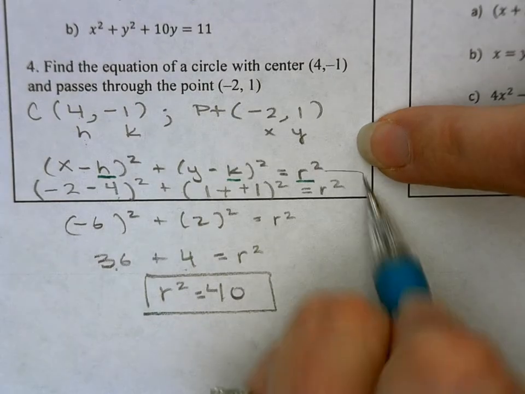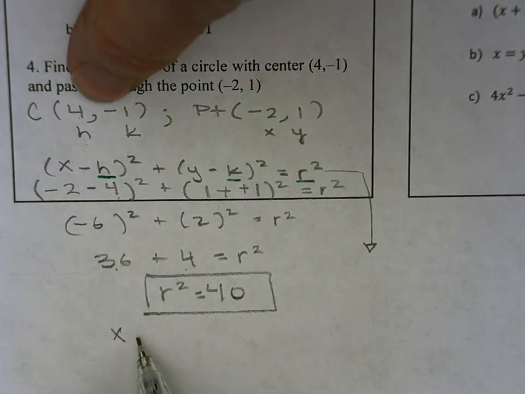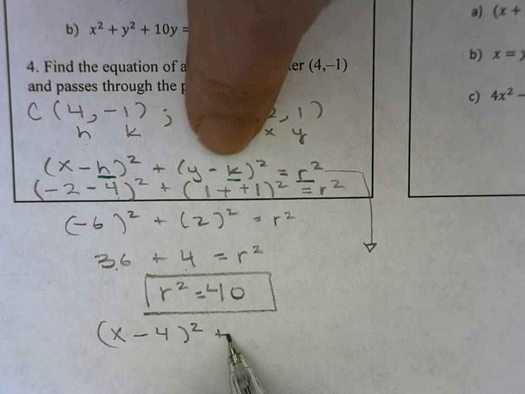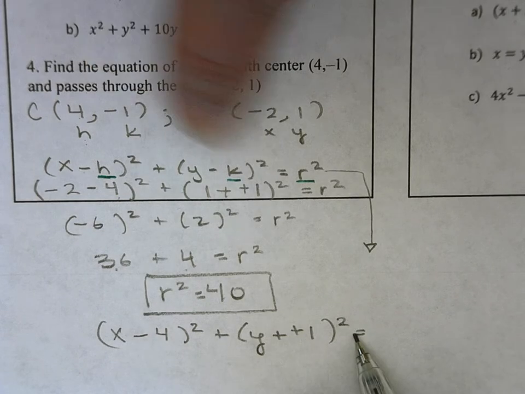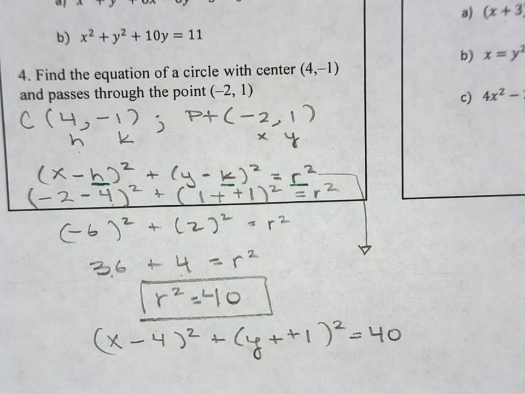So I'm going to go from here. So I have x, and then minus h, so I'm going over here, right? Minus h plus, and I'm looking here again, y minus k, minus a -1, squared, and then equals my radius squared, which was 40. And that would be my equation of a circle.